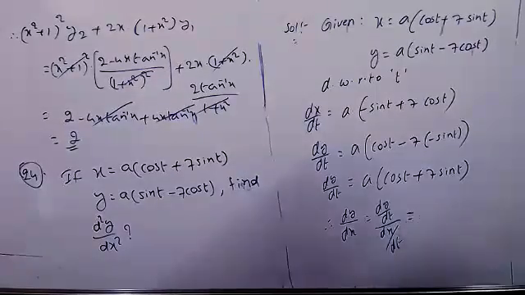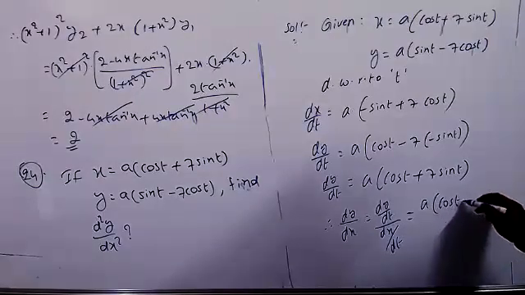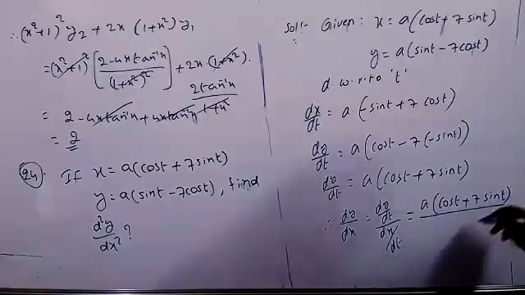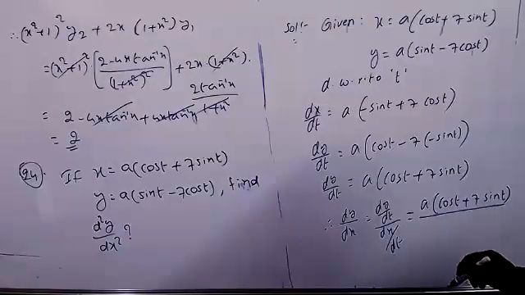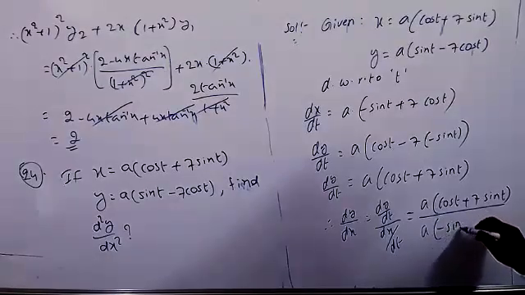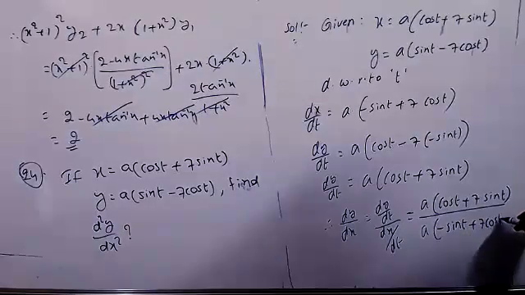So dy by dt equals a into cos t plus 7 sin t, whole by dx by dt, which equals a into minus sin t plus 7 into cos t.